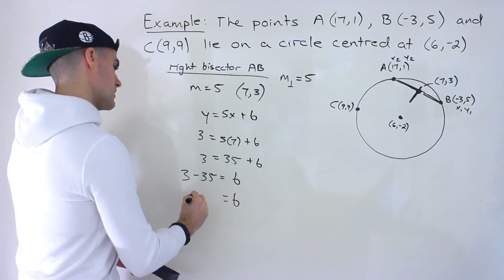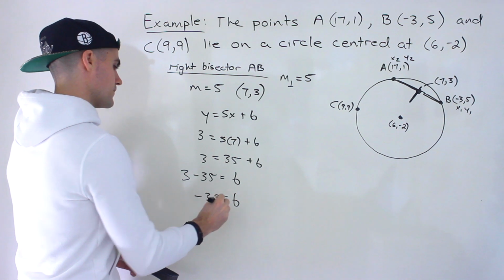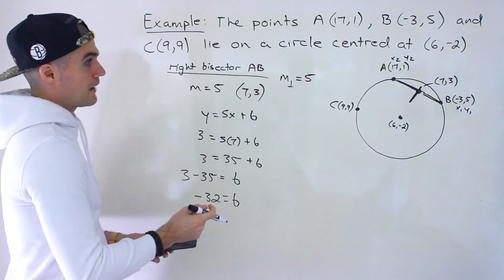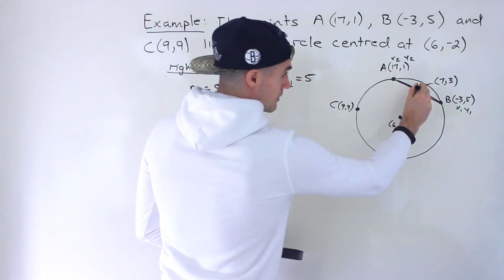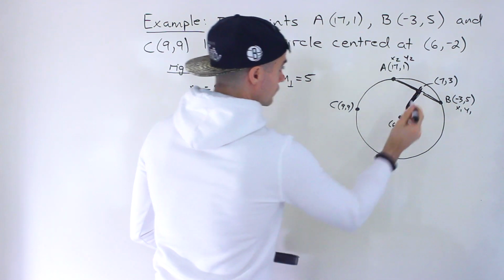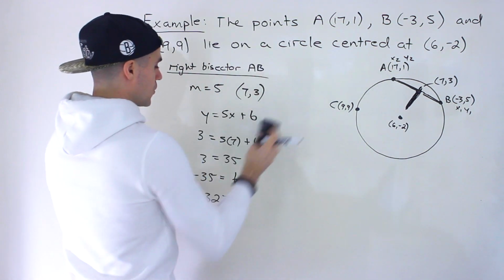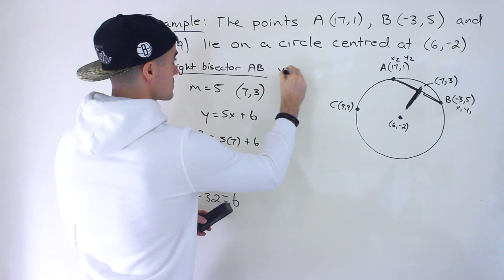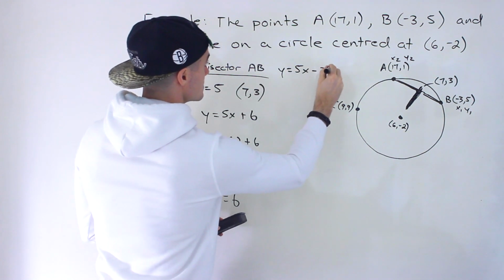The b value is negative 32. Okay, so the right bisector of AB, this line over here, has an equation y equals 5x minus 32.